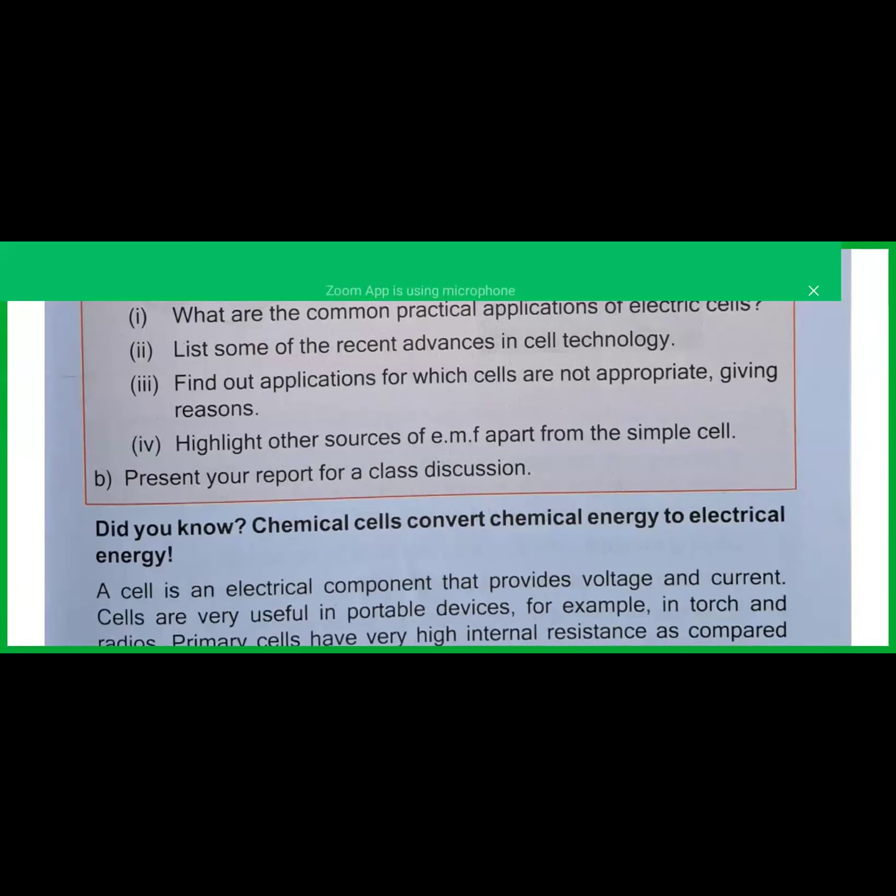Are they sources of EMF or do they simply regulate EMF? They simply step down or up. Are they a source of EMF? Colette, please unmute. The rest, what do you think about transformers?